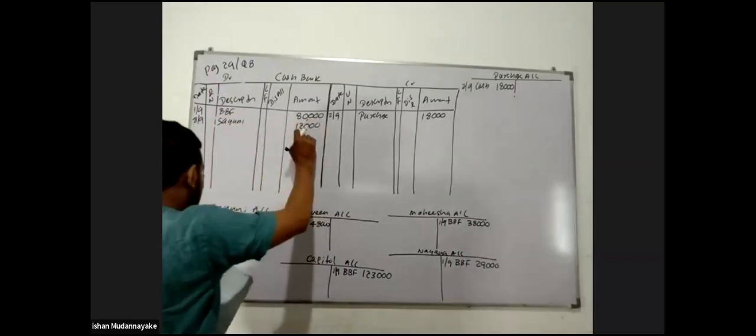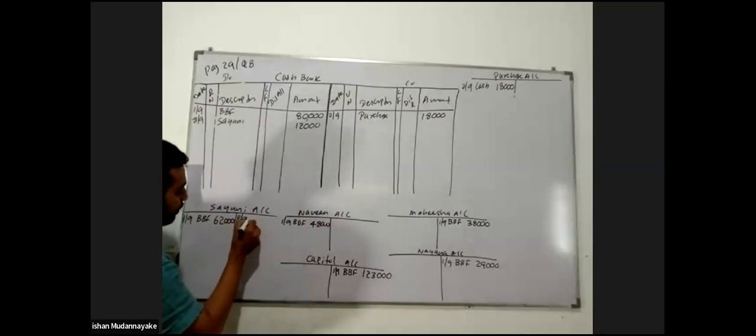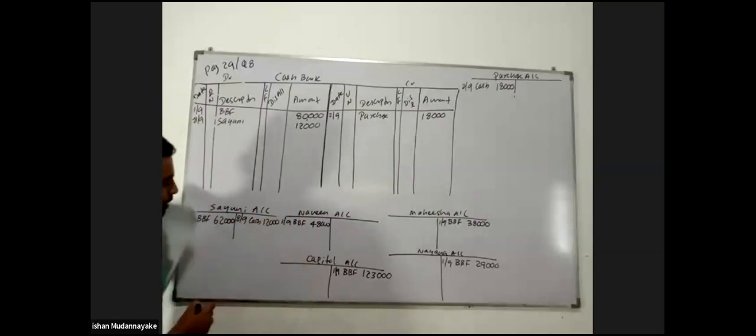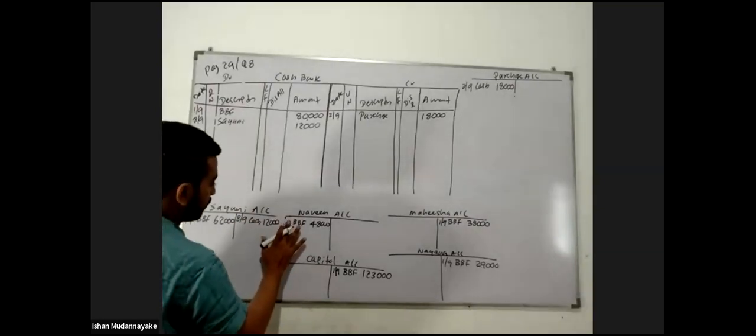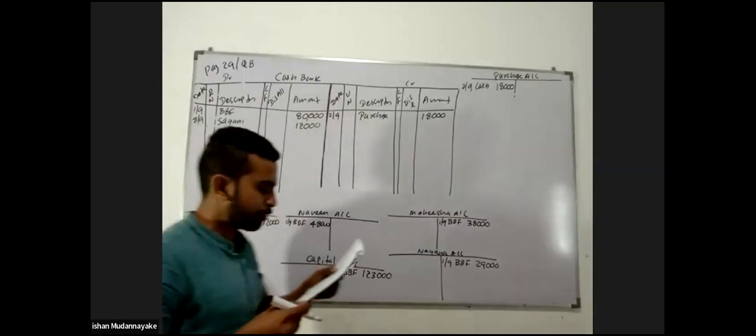Then cash book debit, Savini account credit. 8 September, cash 12,000. Savini account credit 12,000, cash book debit.